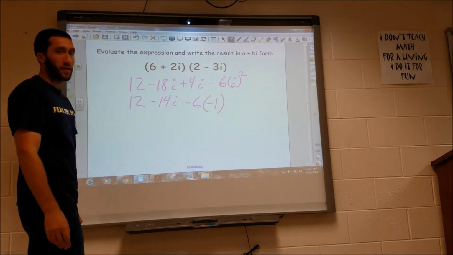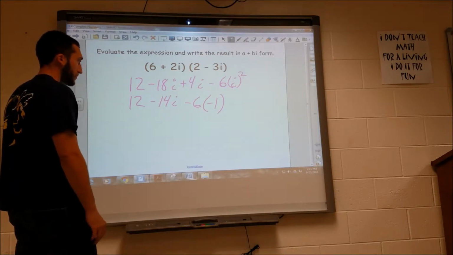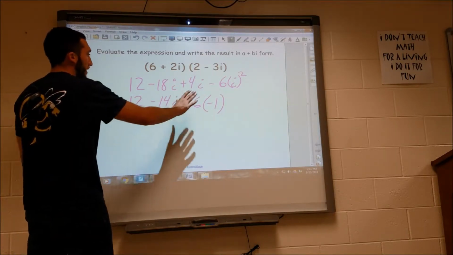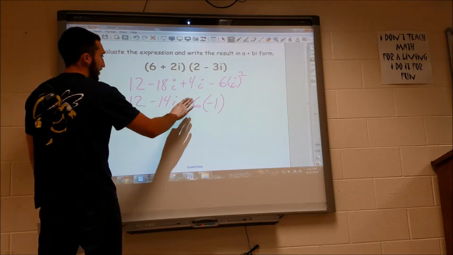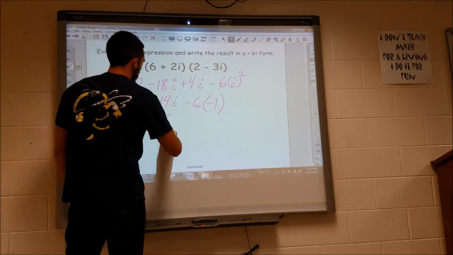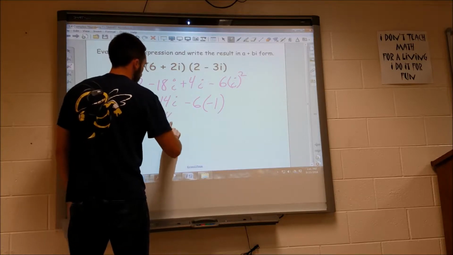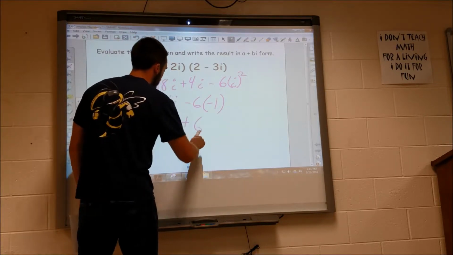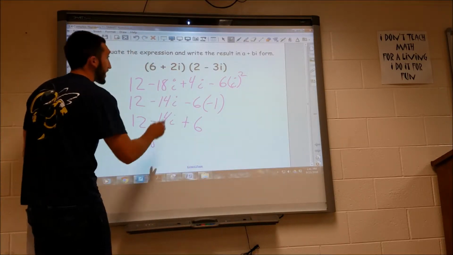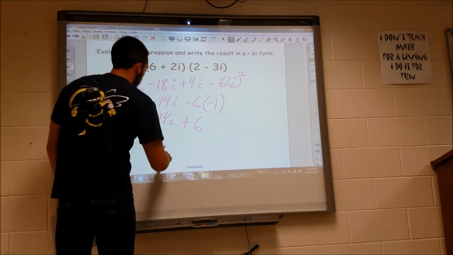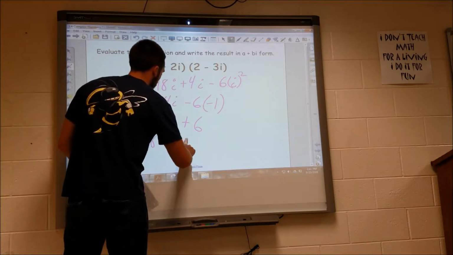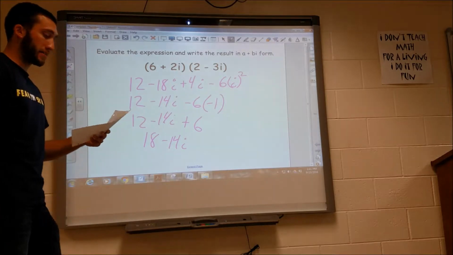We'll get into other examples of that. But now we can simplify finally. This gives us 12 minus 14i plus 6. So our overall answer in a plus bi form is 18 minus 14i.